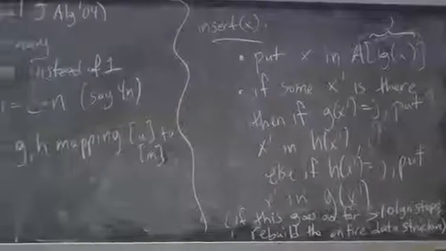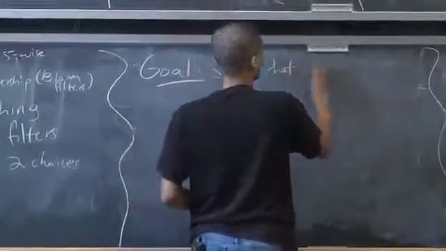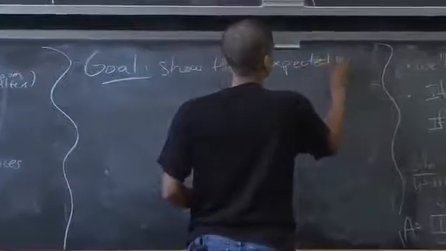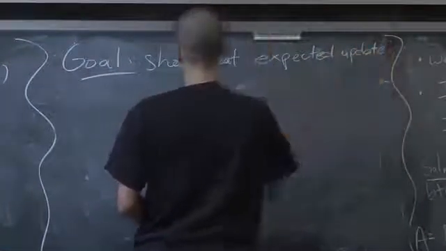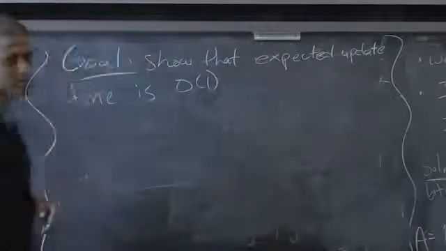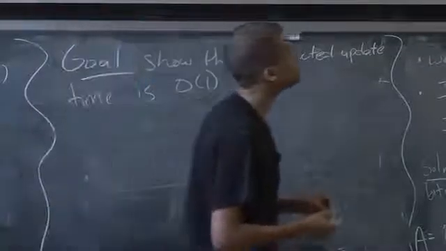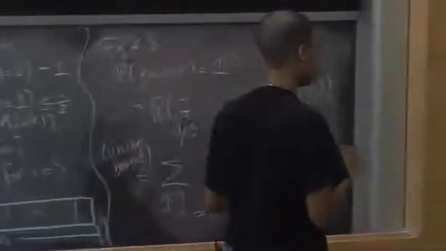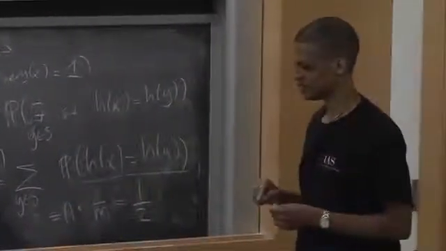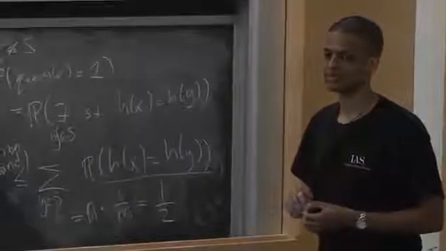So our goal is to show that the expected update time is O of 1. Does this die immediately if h of x prime equals g of x prime? Oh no, it'll kick x back out. That's right.